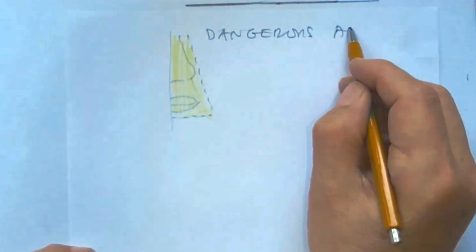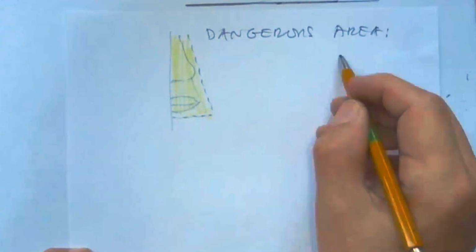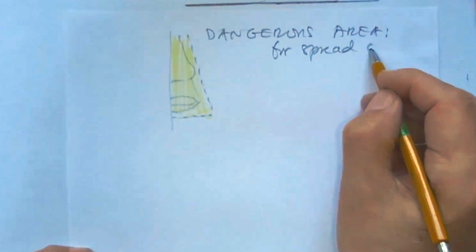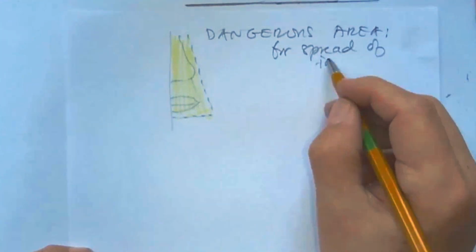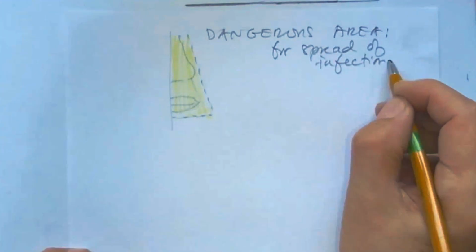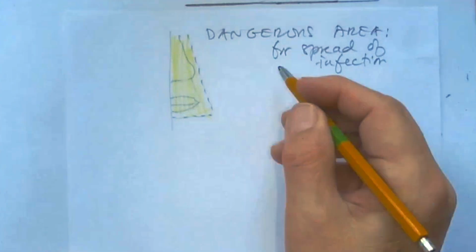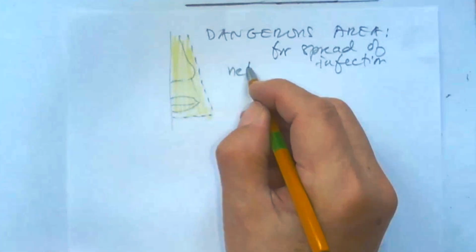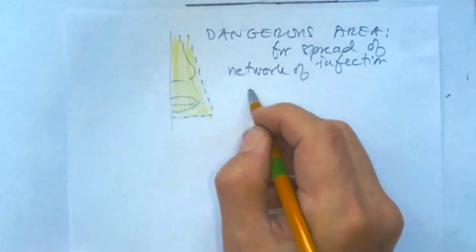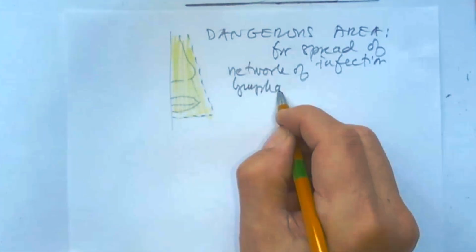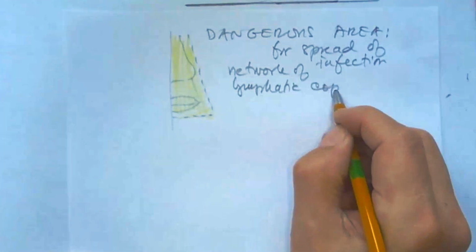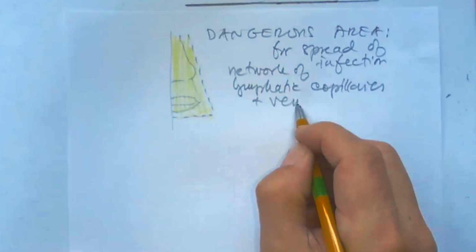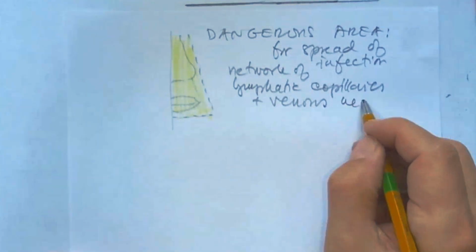This area is dangerous for quick spread of different types of infection. You saw why? Because inside there is a network of lymphatic capillaries plus a venous network.